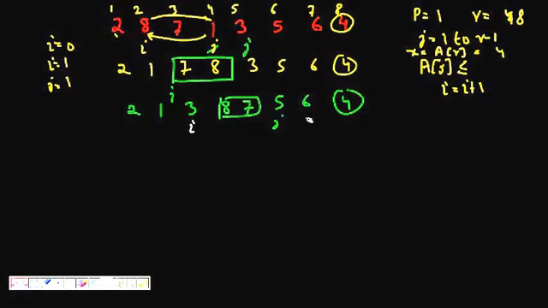So again we check if A of J is less than or equal to the pivot element, which is not the case. So now this also comes under the window of greater elements. So this now becomes larger, the window of numbers greater than or equal to X.